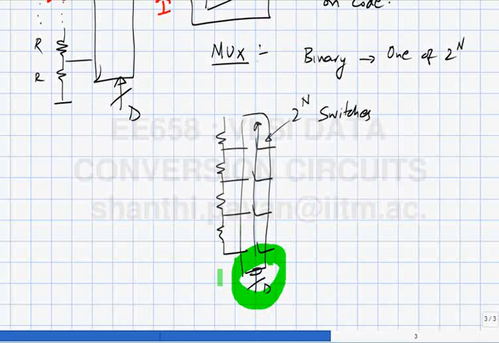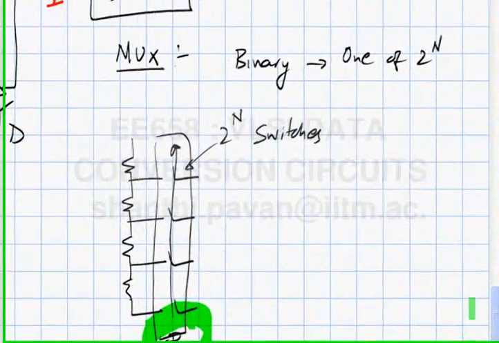So clearly switch resistance is a bigger problem than in the other case, where you have a tree structure mux. Alright. So in either case, you can see that there's a trade-off in the way you realize the mux. So that is another issue.